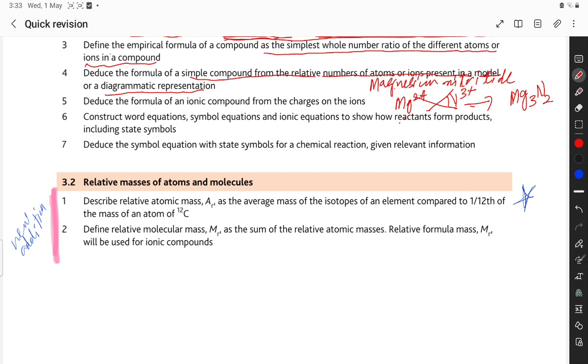Negative and positive charges cancel. The overall oxidation state of this compound is 0 because the negative and positive charges cancel out, and if the same charges are there, the numbers cancel out.